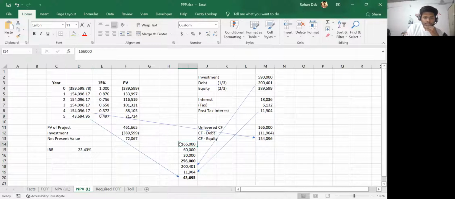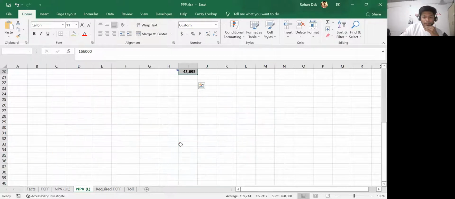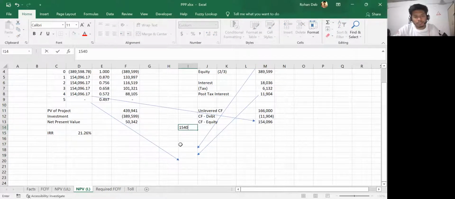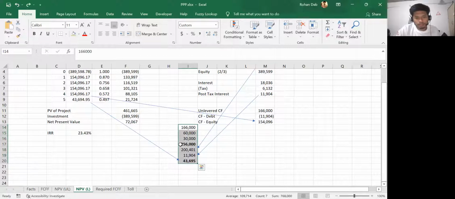So what I'm thinking over here is, let me simplify this a little bit. I'm getting 1,54,096.17. Let me explain it like this.